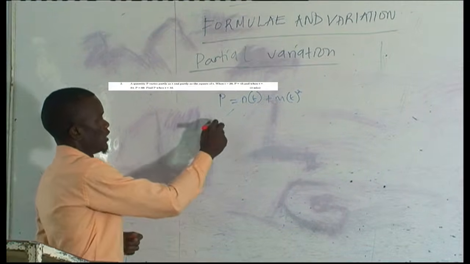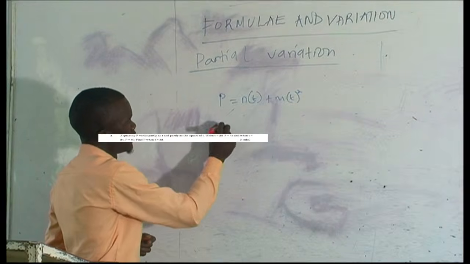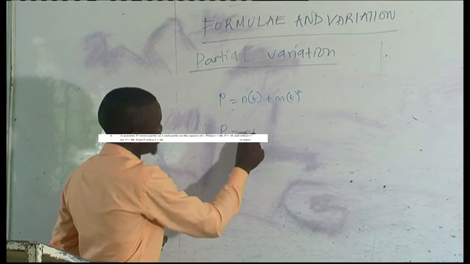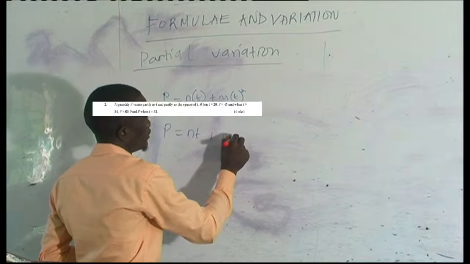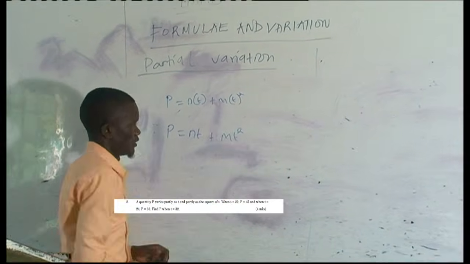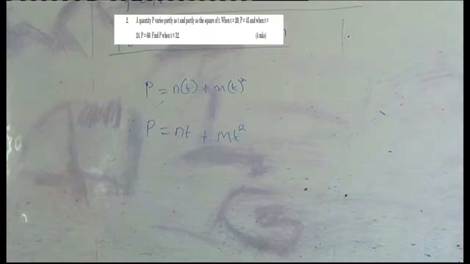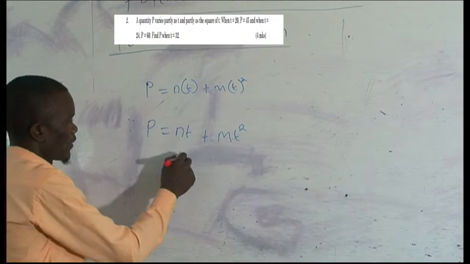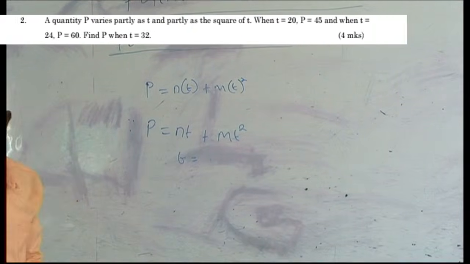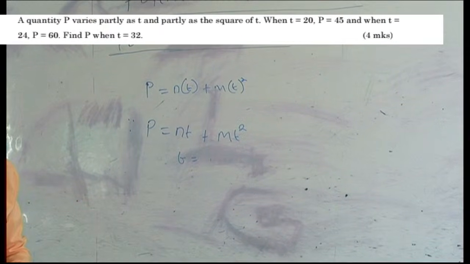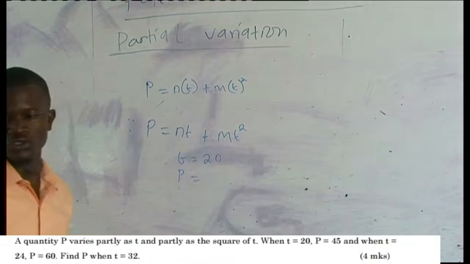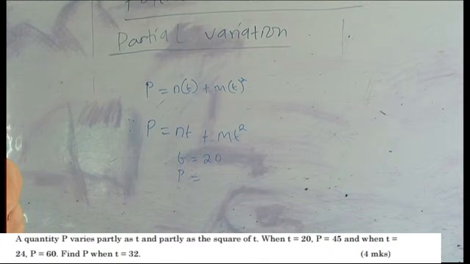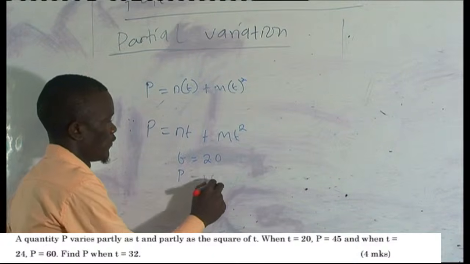So we can say, therefore, p is equal to nt plus mt squared. Now, we are being told that t is equal to 20 when p is equal to 45.